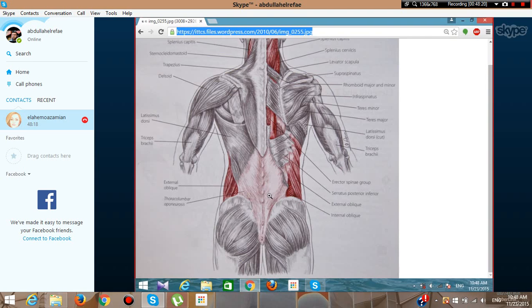You know, somewhere here we have a triangle. It's called the lumbar triangle. This is also a weak point. We have some weak points in the body. We have the umbilicus, a weak point. We can get an umbilical hernia; the intestine can come out from there. We have the inguinal hernia, which we talked about, the deep ring and superficial ring.